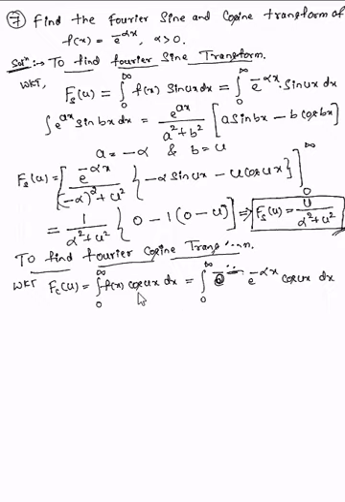Right? So e power minus alpha x, f of x, into cos ux dx. Now let us integrate this. How to integrate? Again, this looks like integration of e power x cos bx.